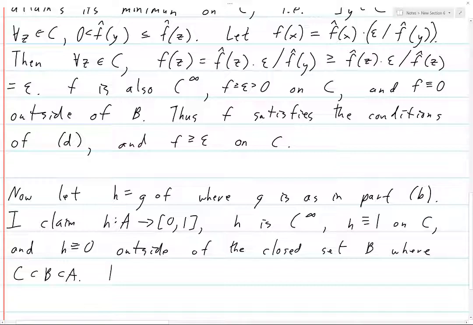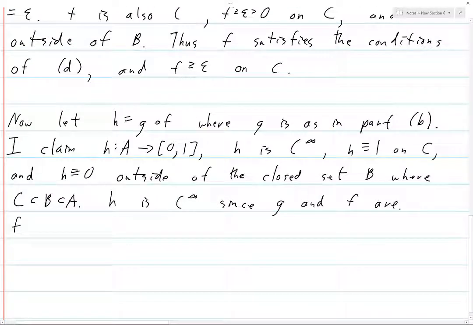H is C infinity, since G and F are. Okay, so there's one. Now, remember, F maps from A to the real numbers, and G maps from R to 0, 1.